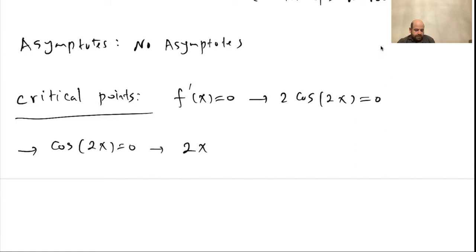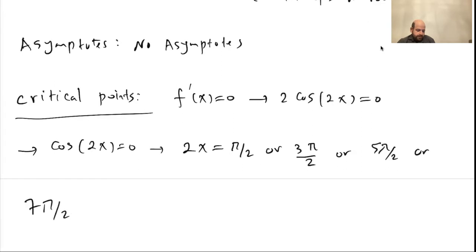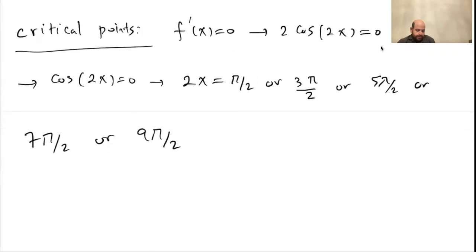And then that means 2x is equal to pi over 2 or 3 pi over 2 or 5 pi over 2 or 7 pi over 2 or 9 pi over 2, and so on. So that means x is pi over 4 or 3 pi over 4 or 5 pi over 4 or 7 pi over 4.